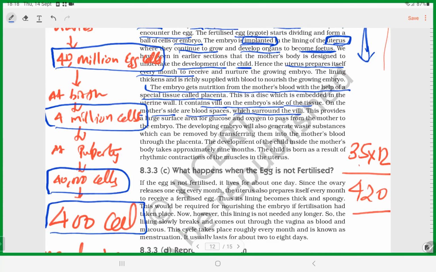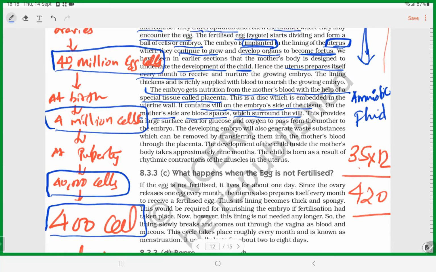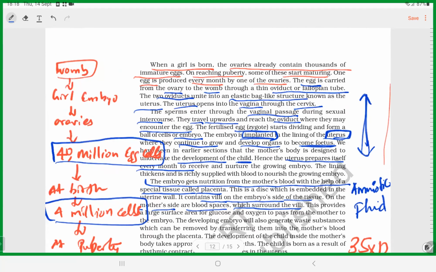Finally, the embryo develops. What is called amniotic fluid? So, Kaushik, the fluid that surrounds the baby inside the uterus.